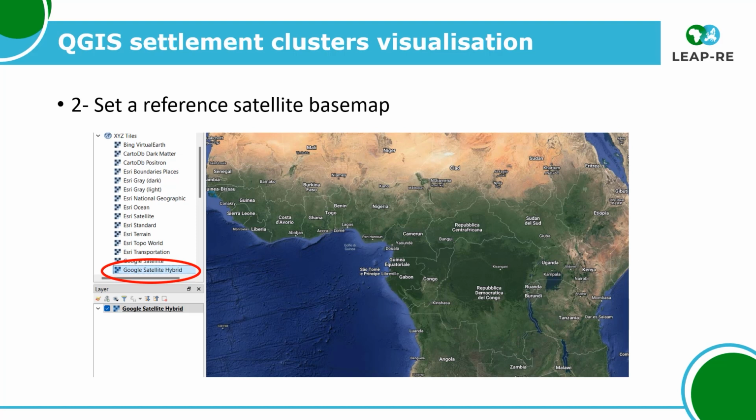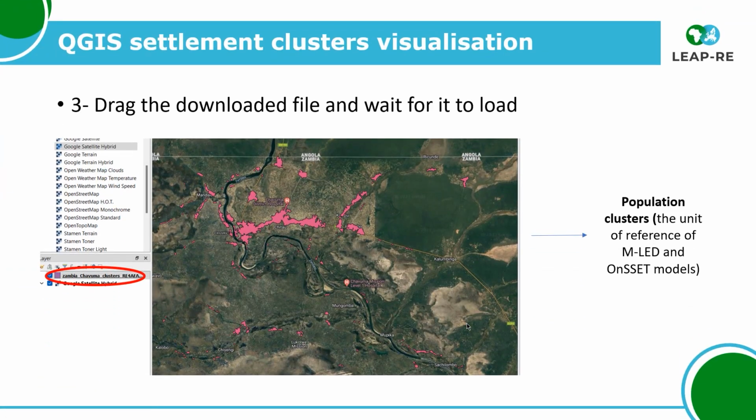Here we select the Google Satellite Hybrid, which is a combination of both political boundaries and elements and a satellite snapshot.